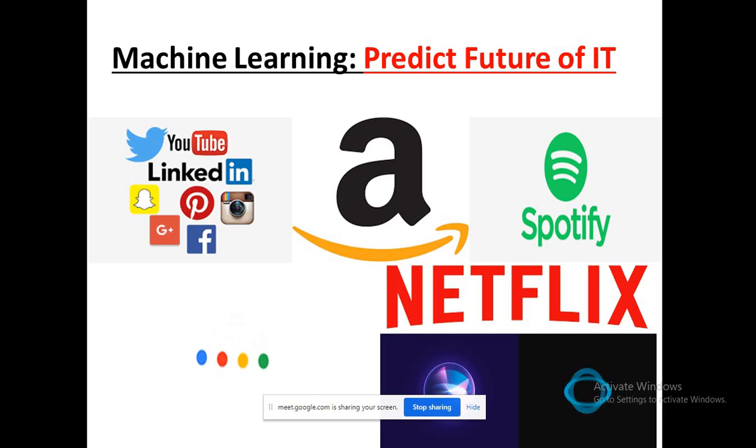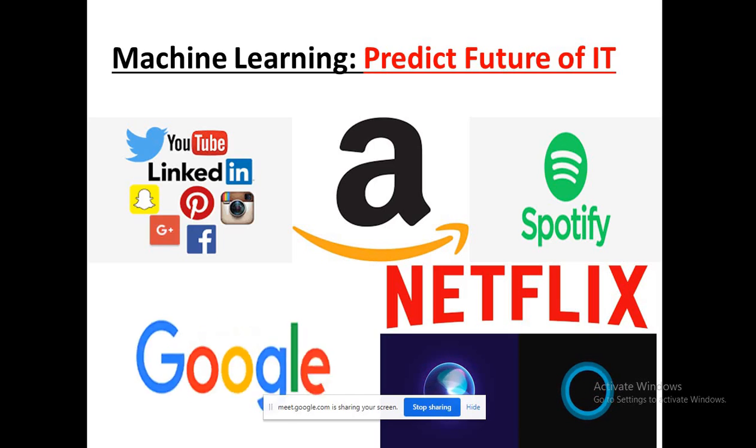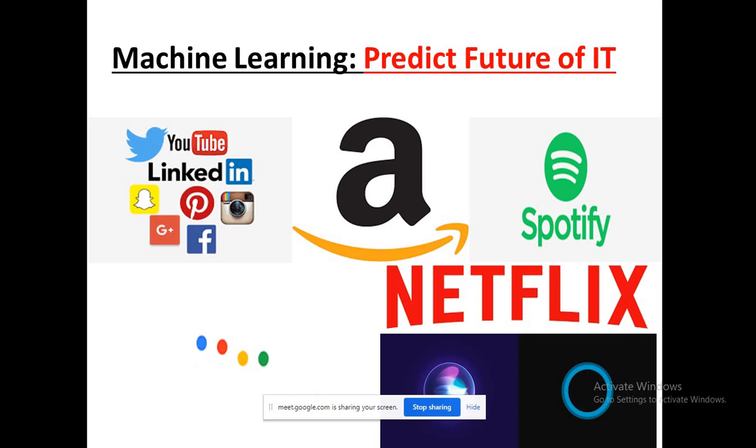I would like to share one of my experiences. Actually, it's not the best, but I personally realized how machine learning works. So let me tell you my own experience. Last week, I visited Amazon.in and I tried to order some product. After adding it to the cart, I realized that the product price was very high. So I just deleted the cart and took my order back and cancelled my order.